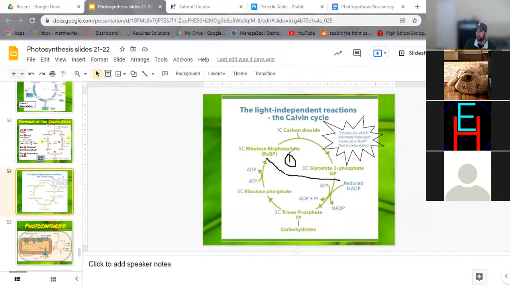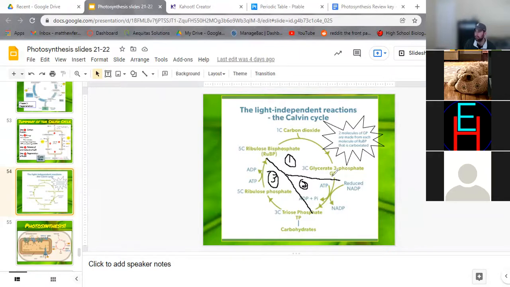This is step 1, carbon fixation. The next step we call reduction, which is here. And then the third step is regeneration, which is here. Let's write an actual 3 there.